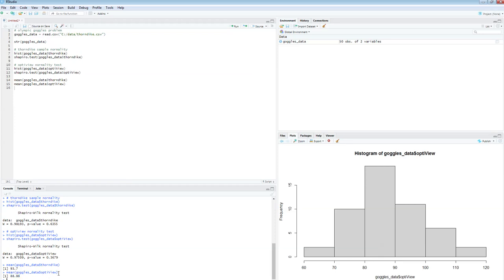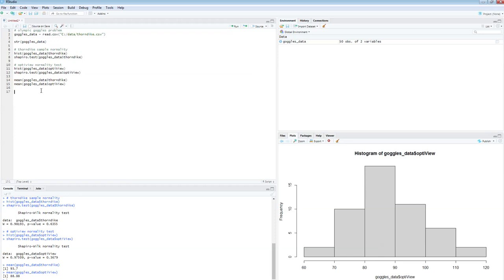So it seems that our alternative hypothesis has some sort of confirmation, because the samples suggest that the average leaking depth for the Thorndike is higher than the average depth for the OptiView. So there might be some truth to the fact that Thorndike glasses hold water better. But again, we have to test the hypothesis because of the variability.